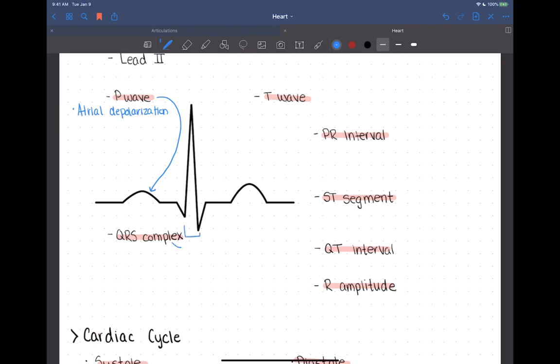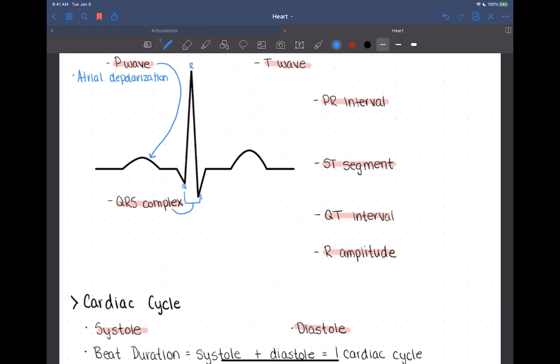Then we get to our next structure, which is here. This is our QRS complex, because we call this point Q, this point R, and this point S. It's this big spike, and the QRS complex is ventricular depolarization.